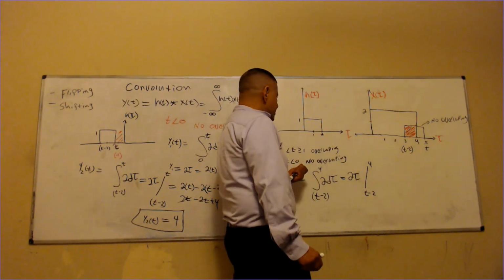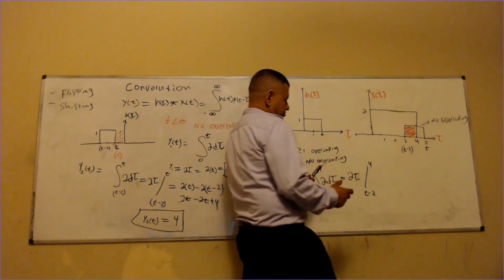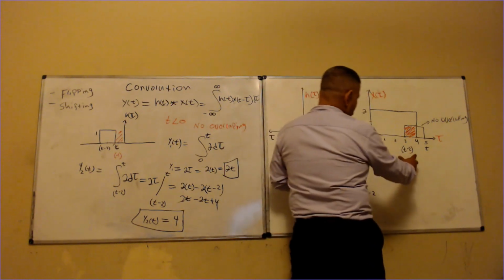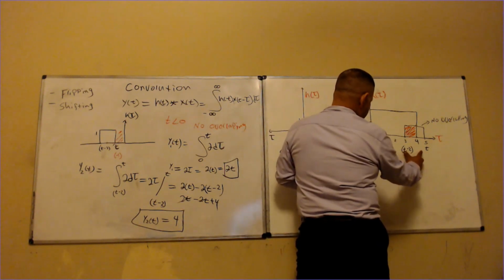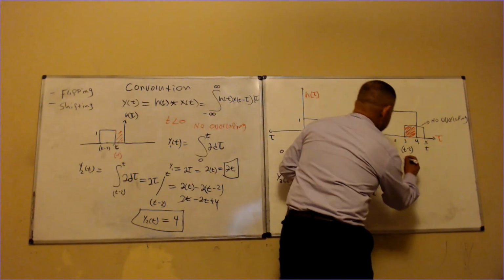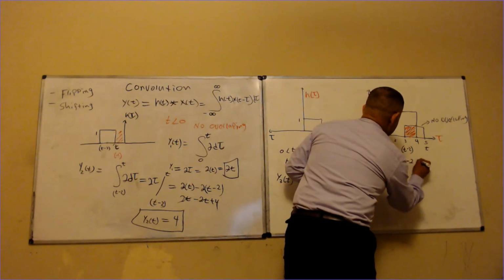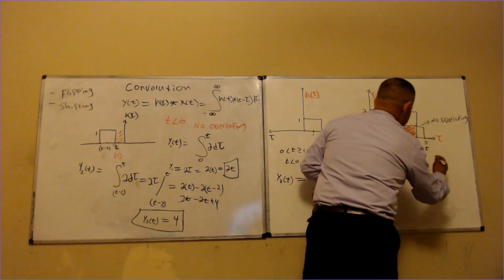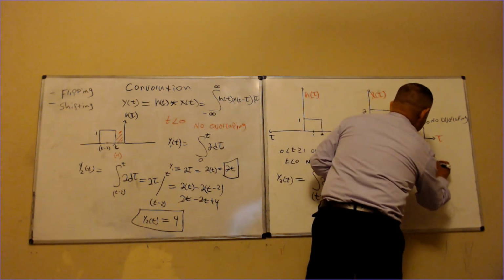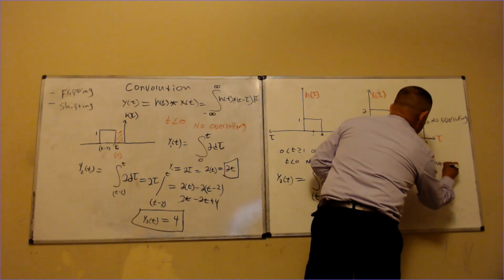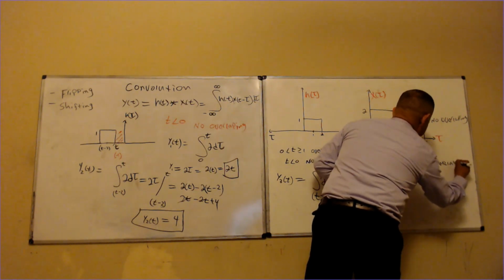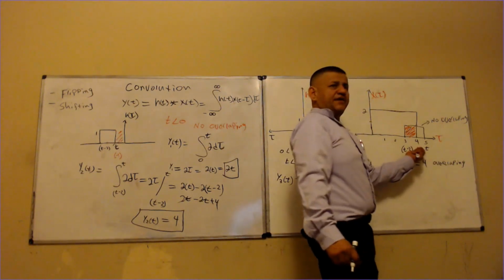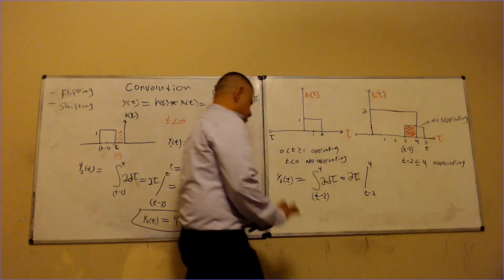In this case, right here will be when t minus 2 is less than or equal to 4. So I have overlapping. I don't have any more overlapping after that. So I just want to clarify that.